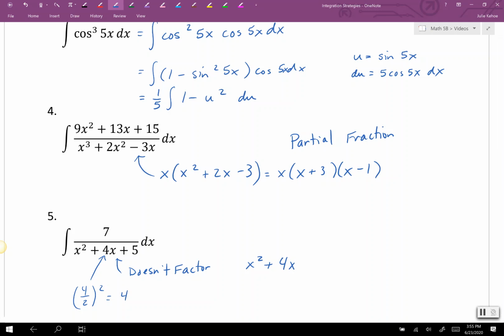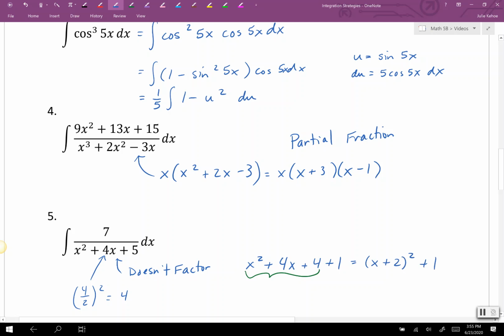And well, I have a 5, so I can just split that 5 up into 4 plus 1. And now this piece right here is a perfect square trinomial that will factor into x plus 2 squared. And then I still have the plus 1 on the outside.